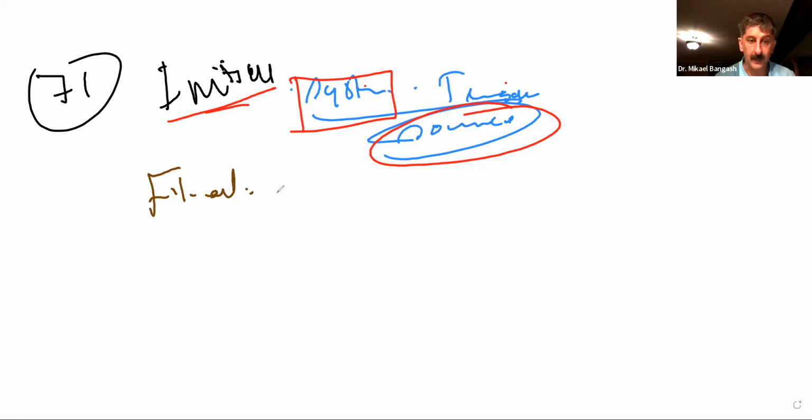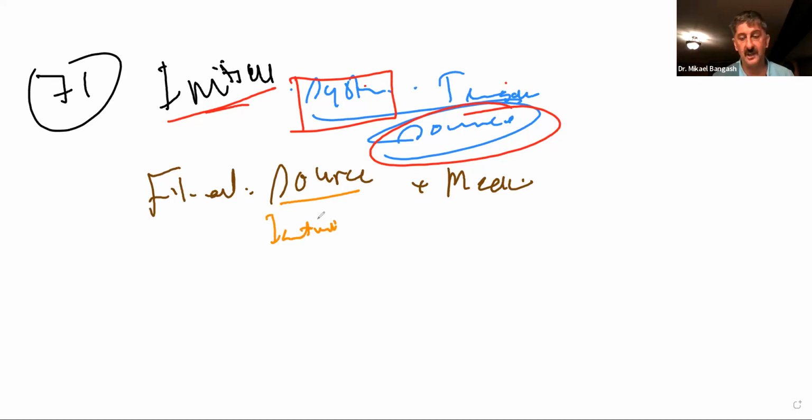In that case, it would have been both source and medium. As far as the source is concerned, it determines the initial power, initial amplitude or initial intensity. But that power, intensity and amplitude is going to be affected as the sound travels through the medium.